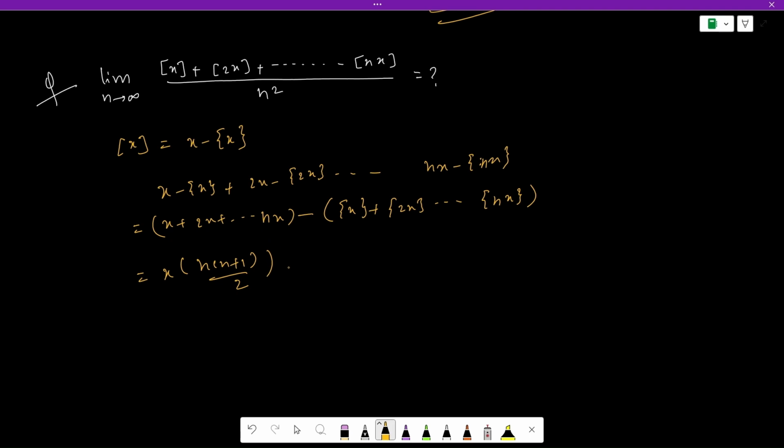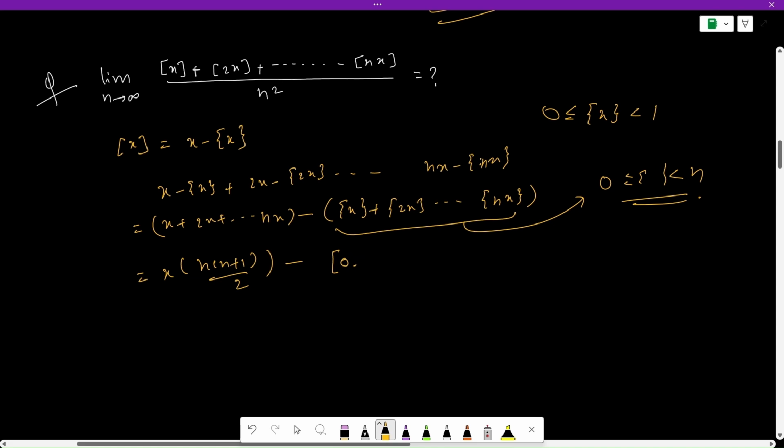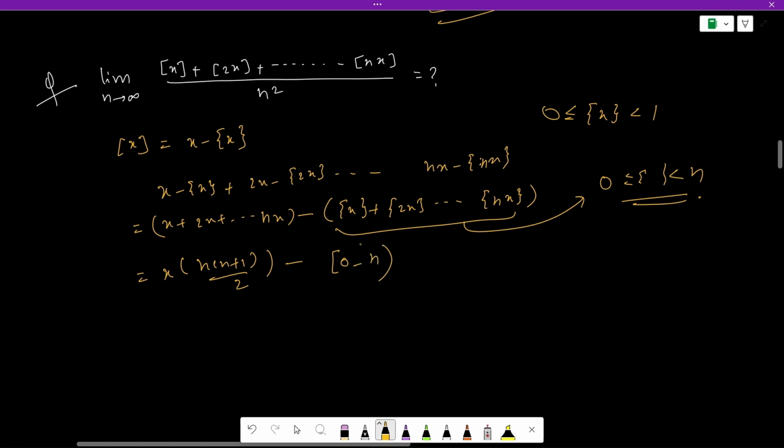and minus, now as you know that fractional part x is less than 1 and greater than or equal to 0, so this complete sum will be between 0 and n, right? So now let's say this is something between 0 to n, right?